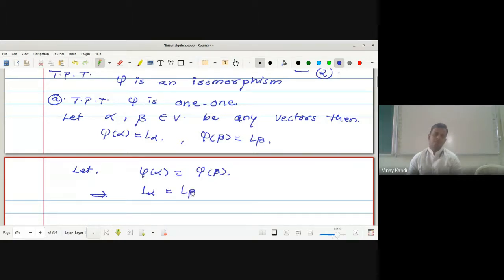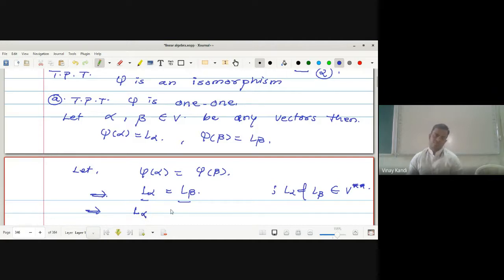is equal to L beta. Okay, where are L alpha and L beta? L alpha and L beta belong to V double star. That is, L alpha and L beta are two linear functionals on V star. So apply this L alpha and L beta, linear functionals on V star.